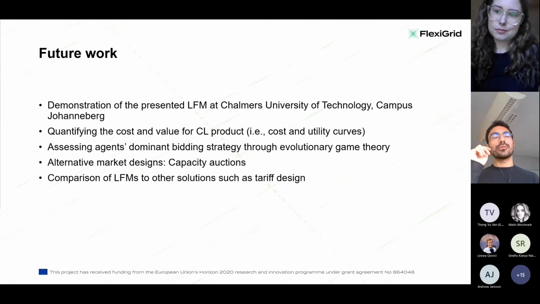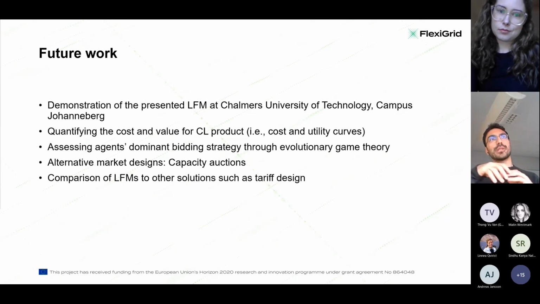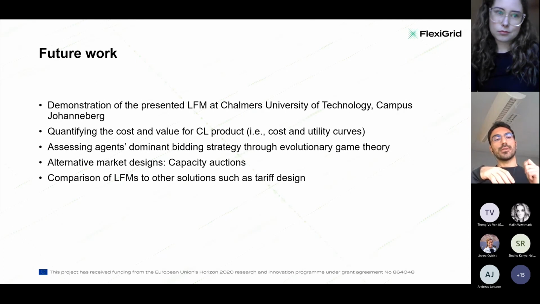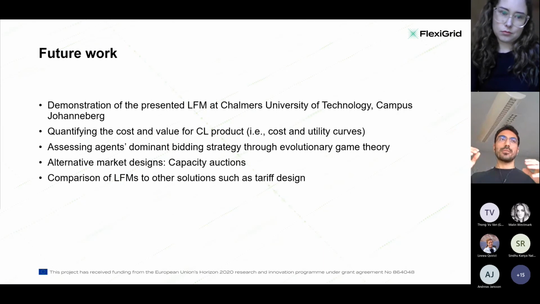So there are different things we're going to test. The first step is to check the technology. Do we have the IoT platform? If we send the signals to the flexible technologies that we have on the campus, will it go through? How accurately can we control those technologies?